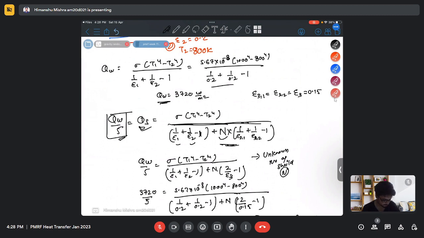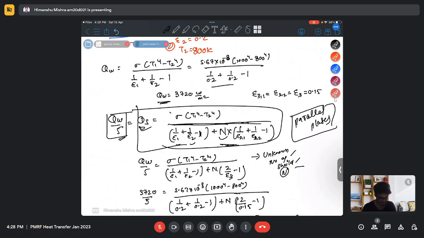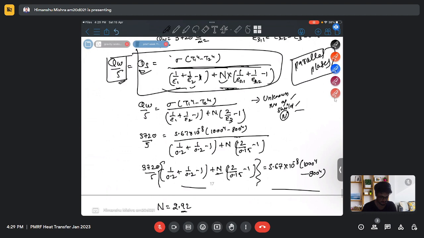This expression is only valid for an unknown number of shields for parallel plates. So we just plug in all the values to calculate the capital N.